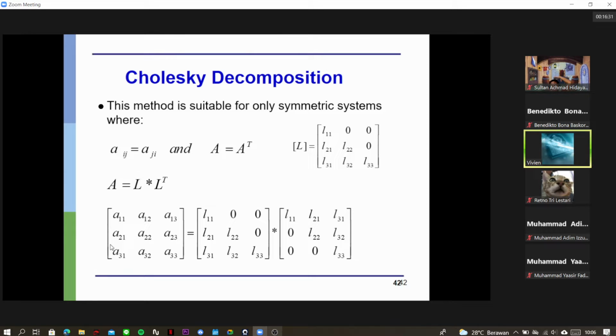That means we can decompose this matrix into a lower triangular matrix and an upper triangular matrix, which is the transpose of the lower triangular matrix. So we have the same elements for L and U, and U is the transpose of L. This is Cholesky decomposition, but it only applies to symmetric matrices, so we won't learn it in detail. This is just to let you know that there are variations of the LU decomposition method.